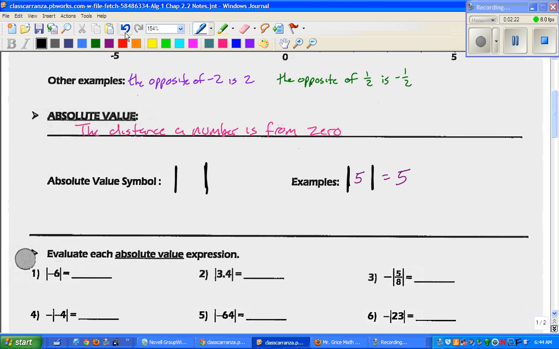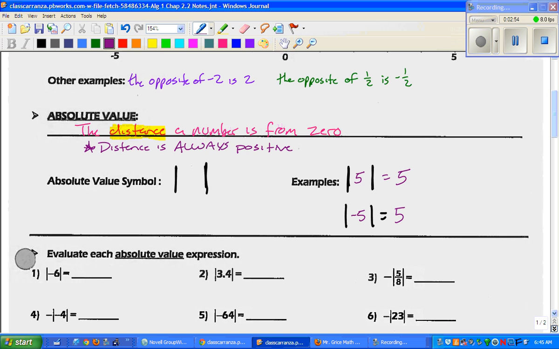But now if I say the distance of -5, well, -5 is 5 spots. When we're talking about the distance here, the distance is always positive. Okay?